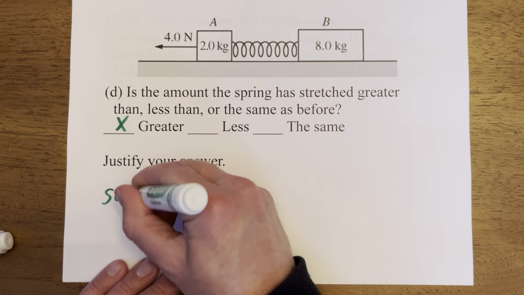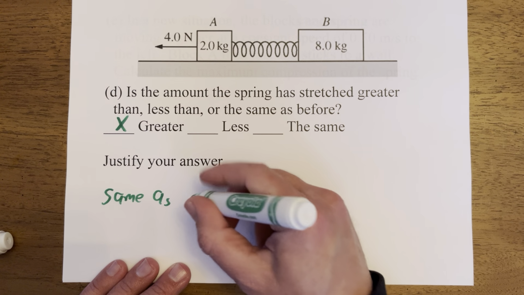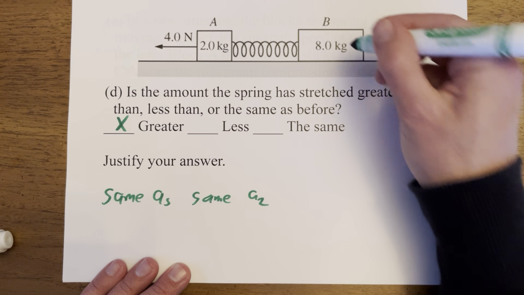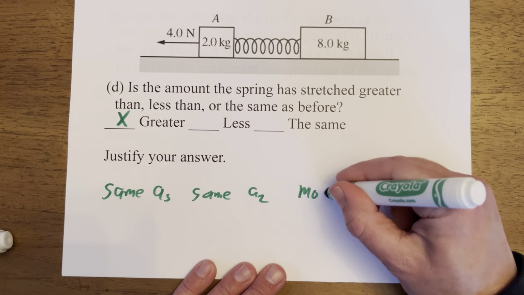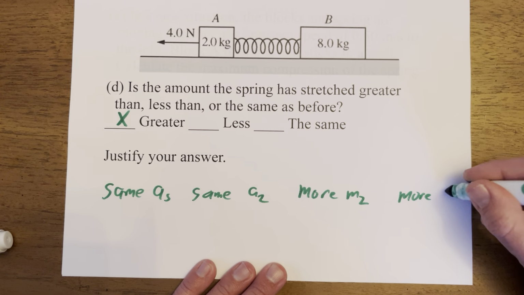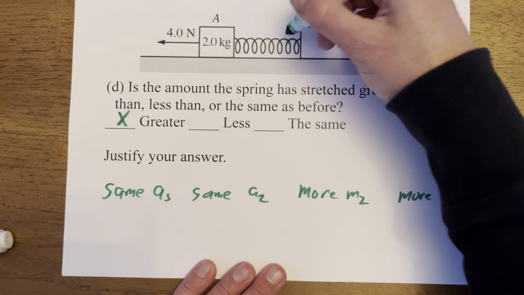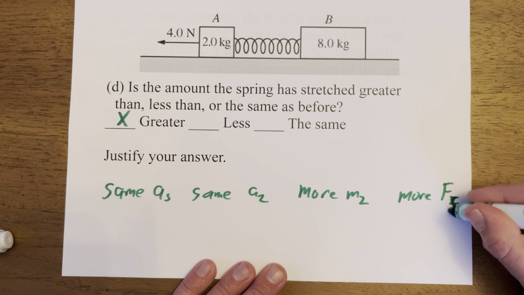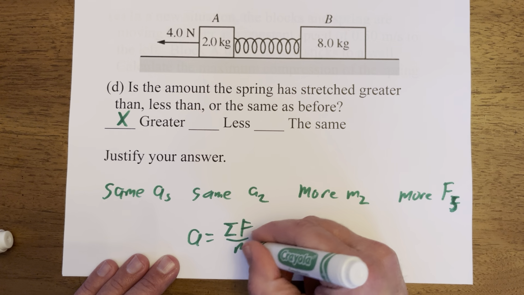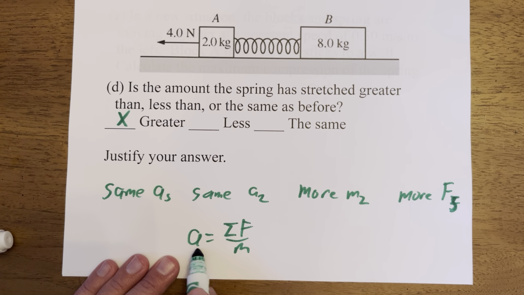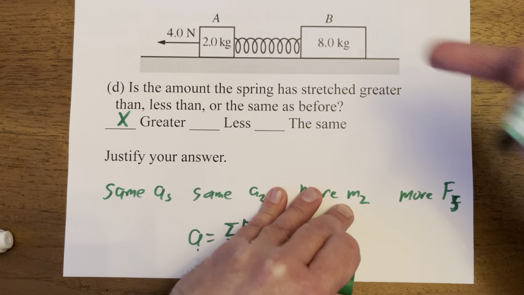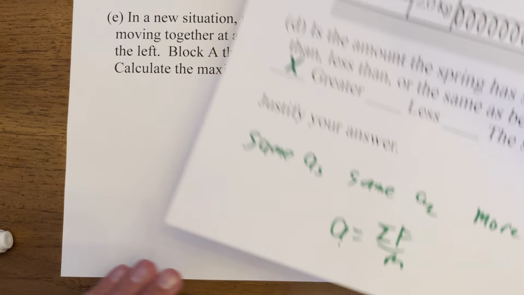We have, as we just said, the same acceleration of the system, which means we're also going to have the same acceleration of block 2 as before, but now we've got more mass in block 2, which means we're going to need more force to move that. This is also the force of the spring. So, Newton's second law again: sum of the forces over the mass. Since we just said the acceleration didn't change but the mass went up, the force will also have to go up to keep that 8 kilograms accelerating with the system.